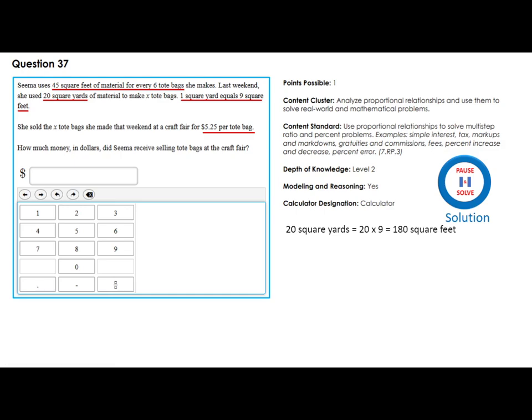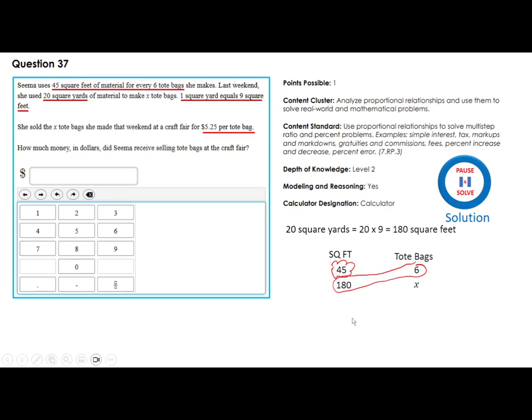180 square feet. Now, set it up this way, as I just mentioned. Square feet, tote bags. 45 square feet, 6 tote bags. Now, she used 180 square feet, so you put 180 here, and X. Again, cross multiplication, very much used, okay? Divided by this.